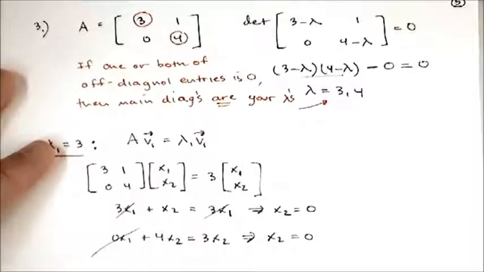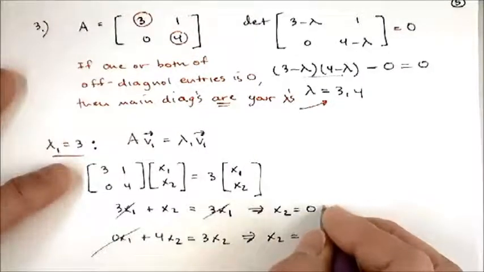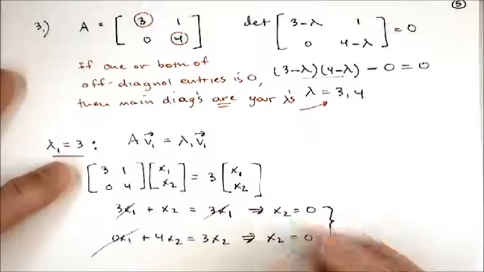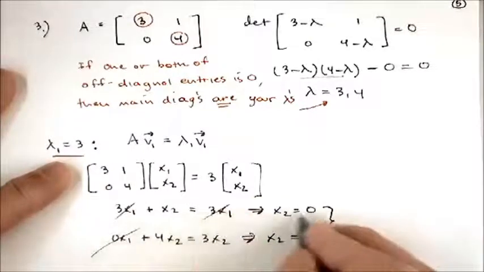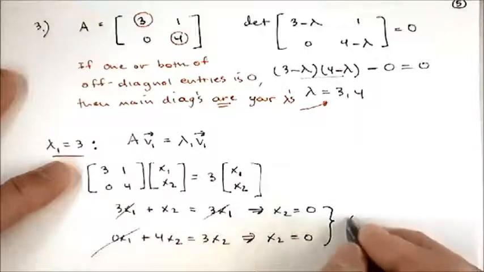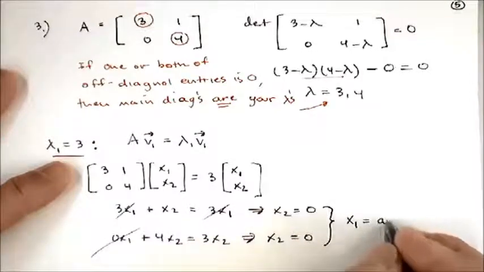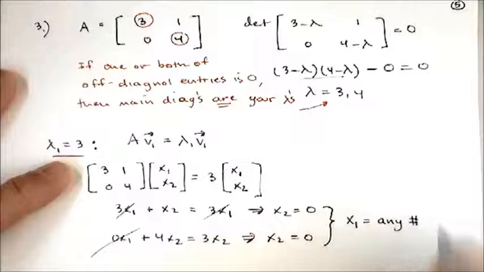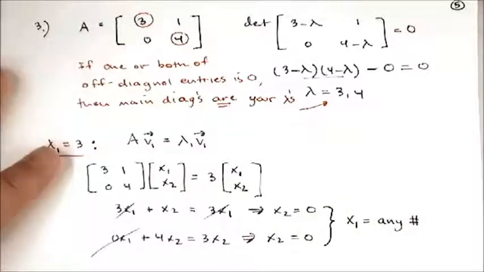Okay. So here's how you handle that. If one of these tells you that one of them has to be 0, but it doesn't tell you anything about the other variable, here's what it means. x1 can be any number at all.